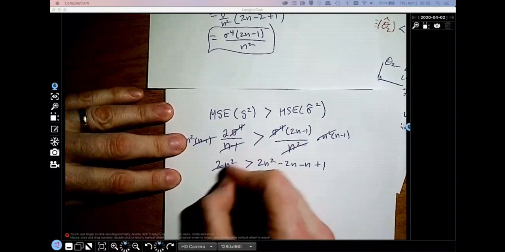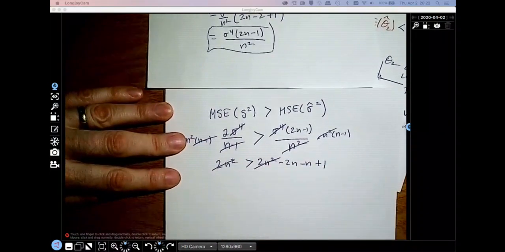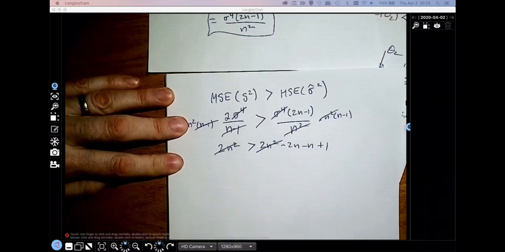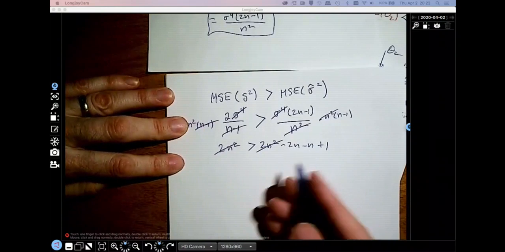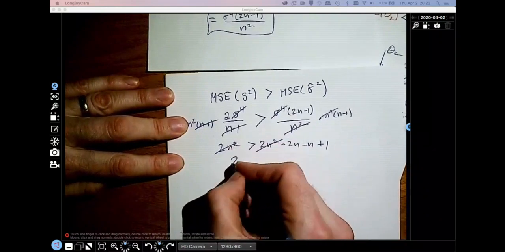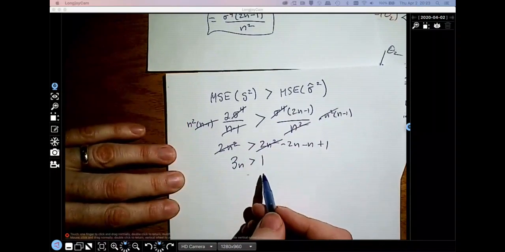So the 2n squareds, if I subtract 2n squared from both sides of the inequality, they go away. And I have negative 3n over here, so I'm going to bring that over to the other side. So 3n is clearly bigger than 1.